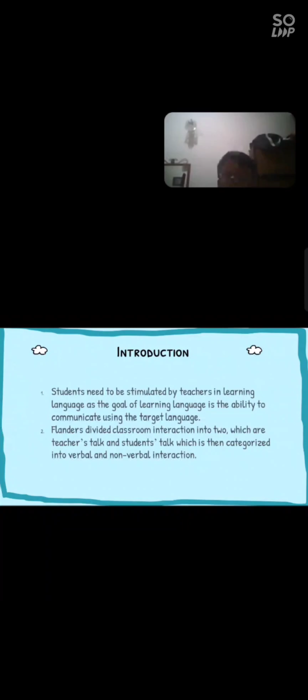Teachers don't always need to use verbal interaction, but sometimes teachers need to use nonverbal interaction, like a gesture to show that he or she is serious right now, or doesn't want the students to be noisy. Suddenly he or she makes a gesture, so the students understand that the teacher is already angry, so they become calm and so on. That's about verbal and nonverbal interaction.